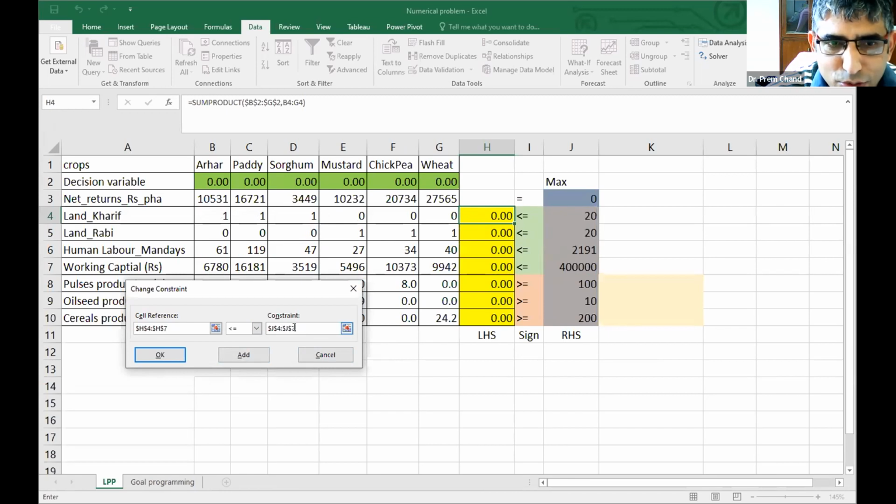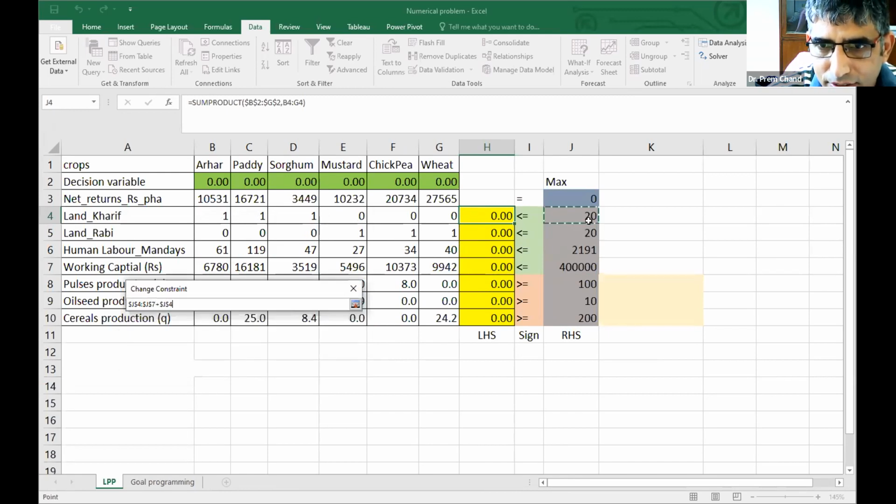Okay, so J4 to J7. Yeah, I can select it again. It should be less than, sorry, it has selected twice. Anyway, I will delete it.